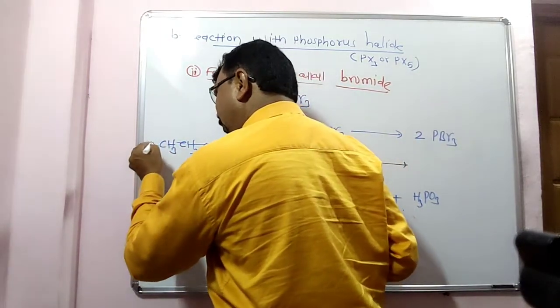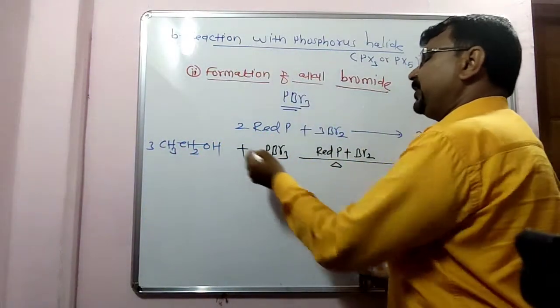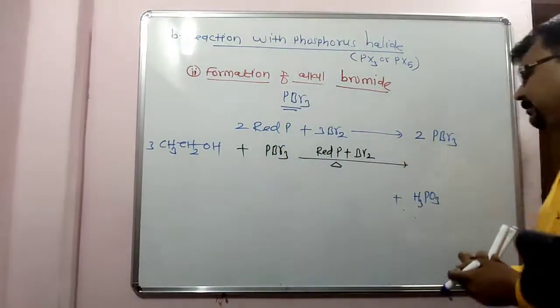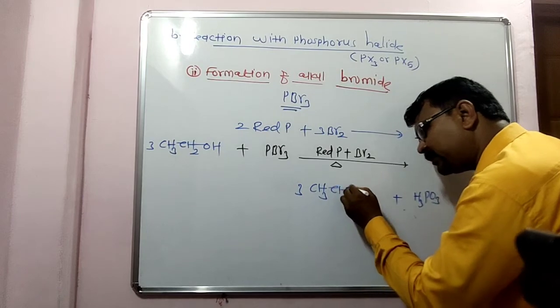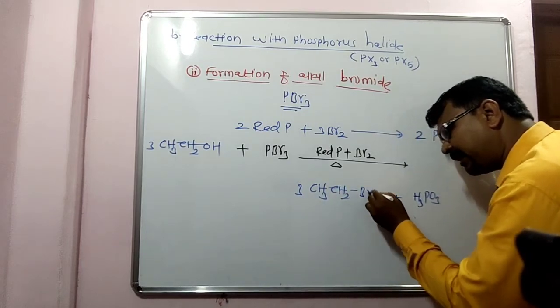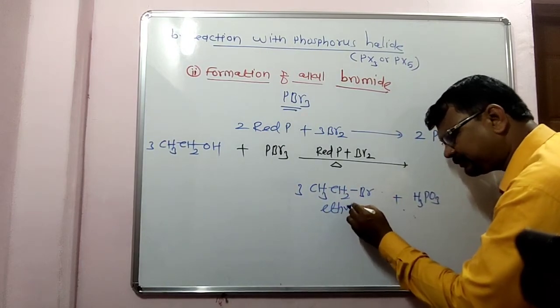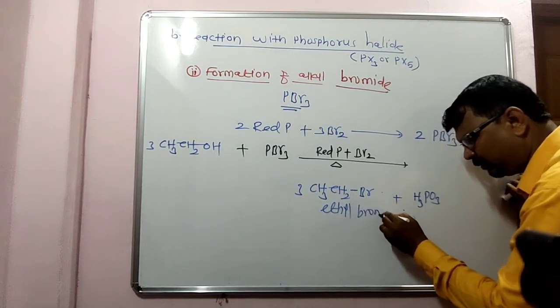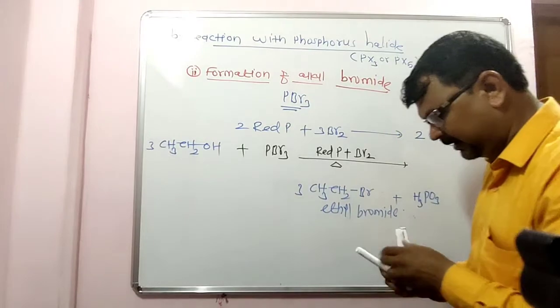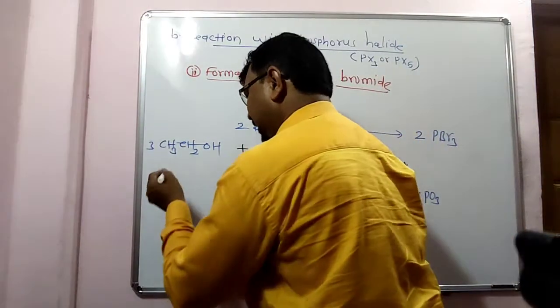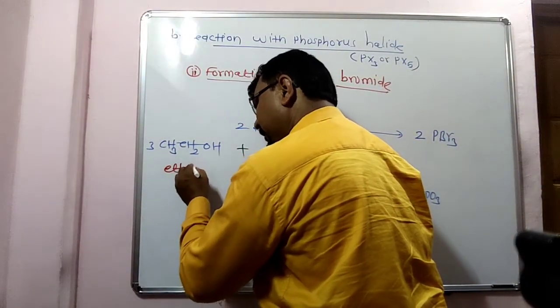How many moles? Thrice. Three OH are replaced by three Br. Product: thrice CH3CH2Br. Name of the compound: ethyl bromide. Correct? Look here, the reaction. Name of the compound: ethyl alcohol.